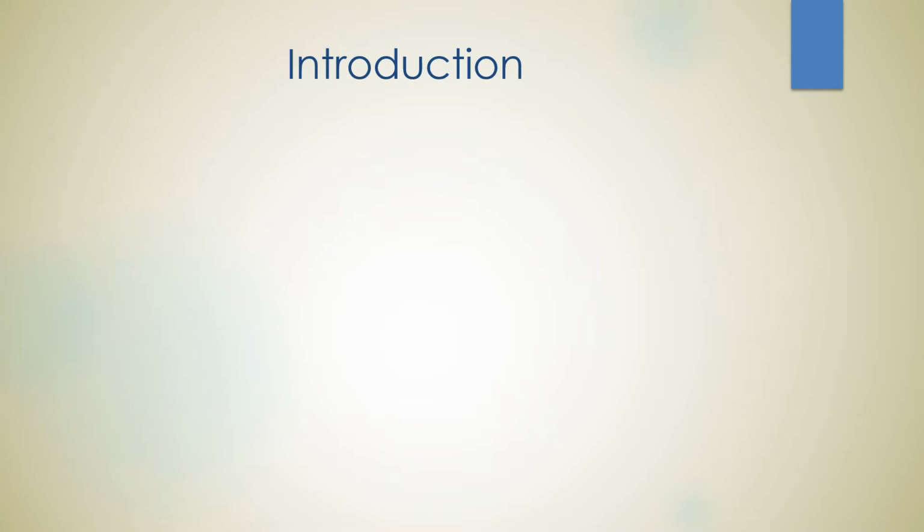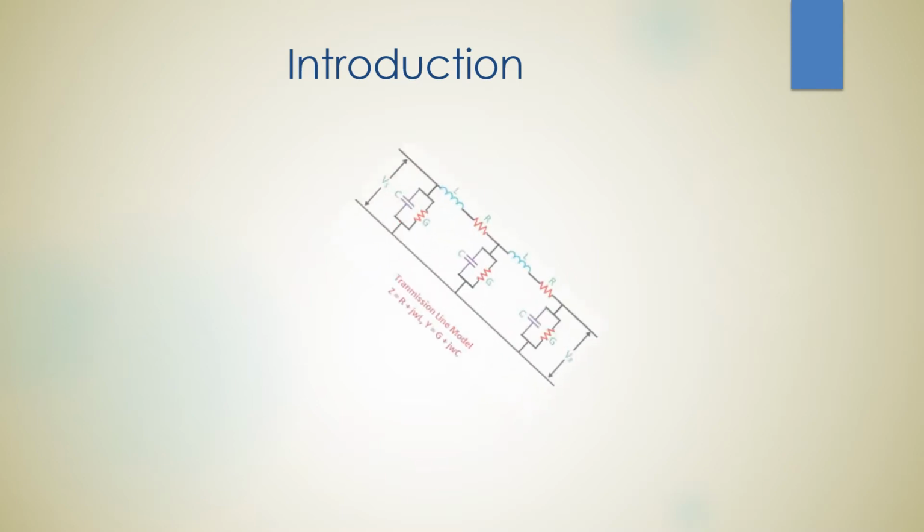In our previous slides and videos, we saw the transmission line parameters. Resistance, inductance and capacitance are present in the transmission line. How the transmission line is mathematically modeled and how the resistors, inductors and capacitors are connected, we will see in this slide.